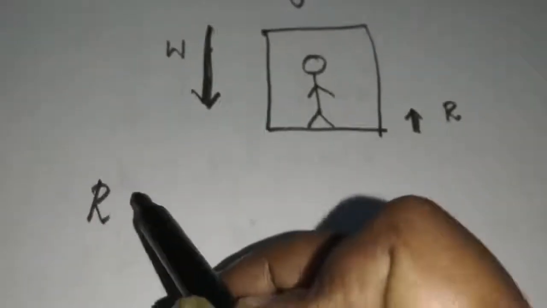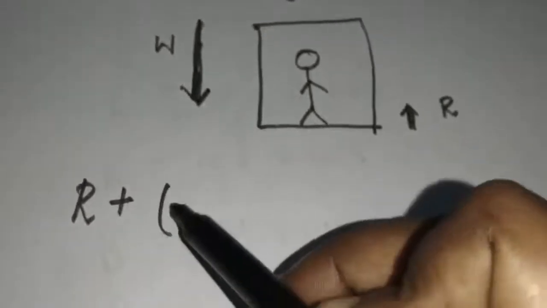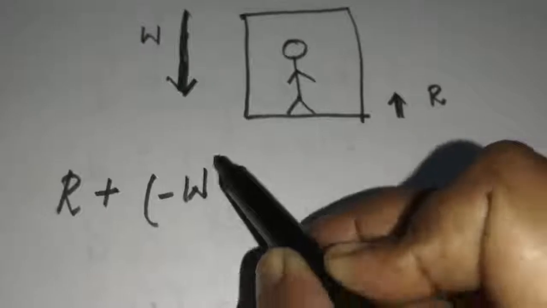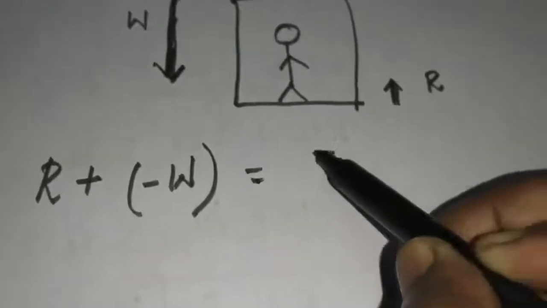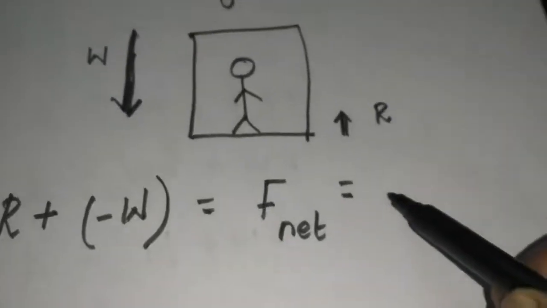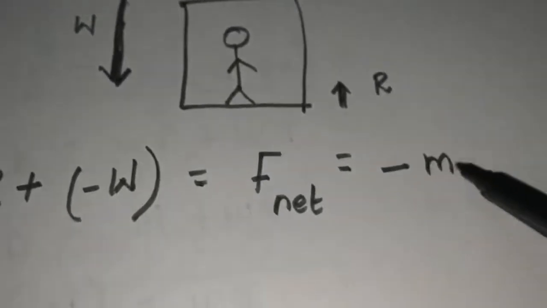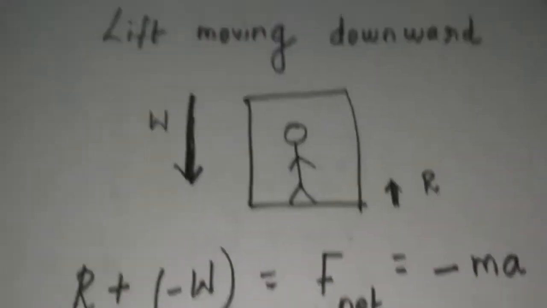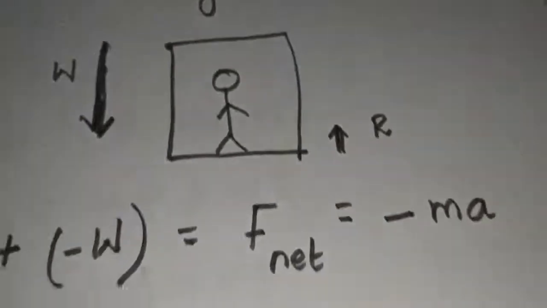R plus minus W equal to F net equal to minus m into a, because here the lift is moving downward.